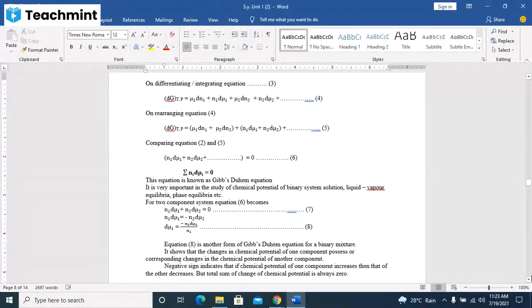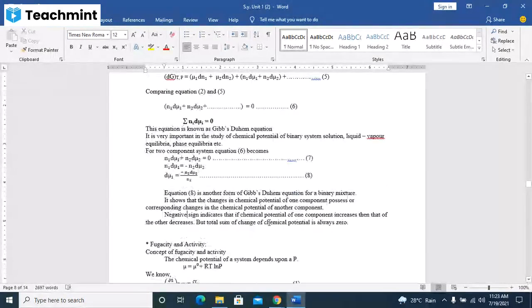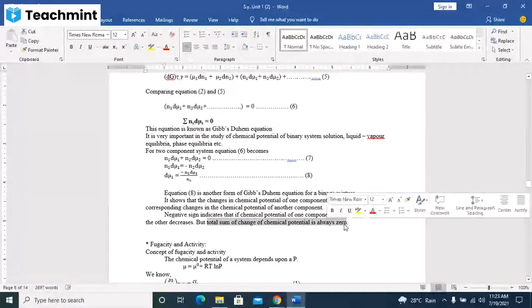But the total sum of the change of chemical potential is always zero. This is very much important. The total sum of change of chemical potential is always zero.